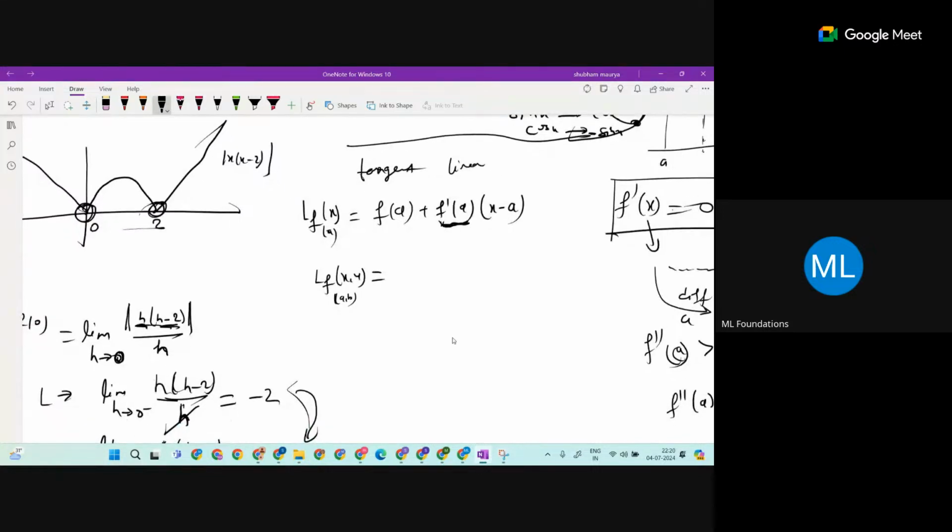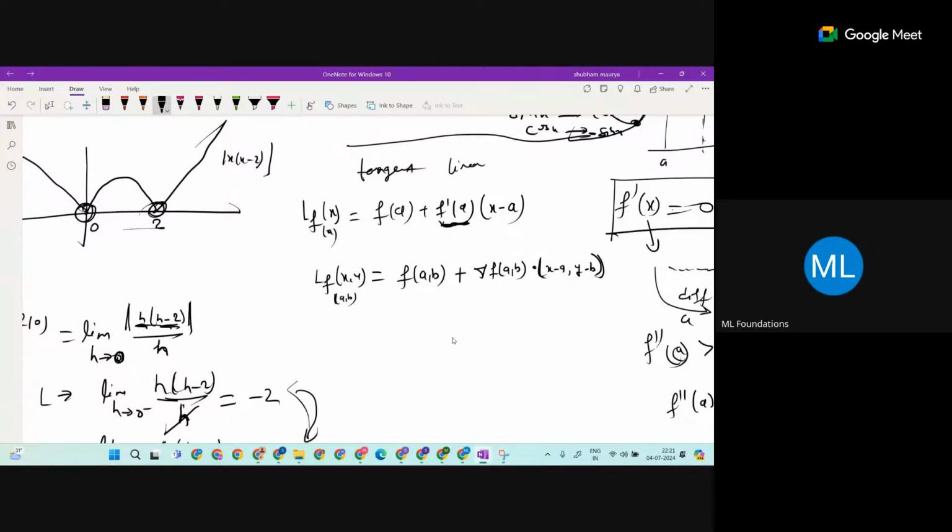So it is the function value at that point plus the gradient of the function at that point, dot product with (x minus a, y minus b). This is a vector, right? This is the linear approximation in the case of multivariable.